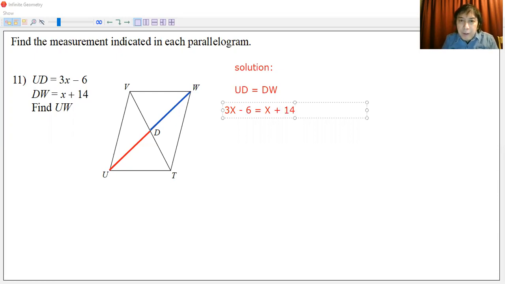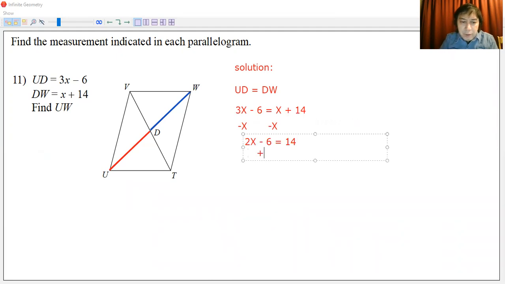And so the next line we shall subtract the smaller x, and the left side will be 2x minus 6 equal to 14.